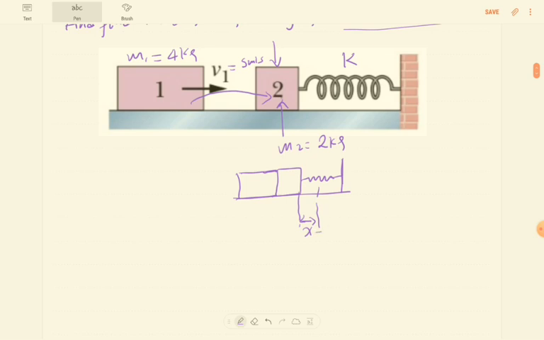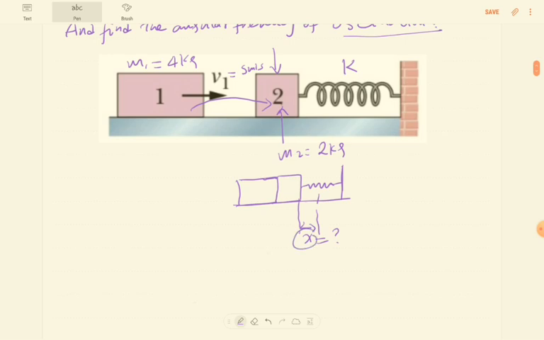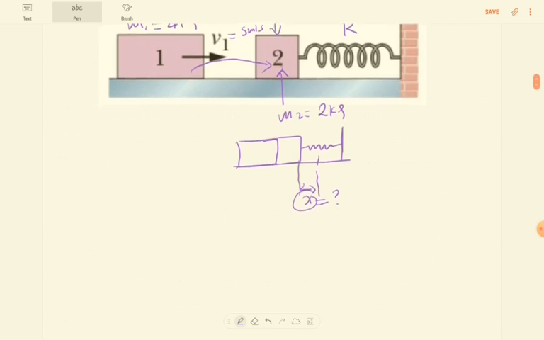Now the question would be what is this compressed length of the spring. This distance x can be found from conservation of energy and conservation of linear momentum.